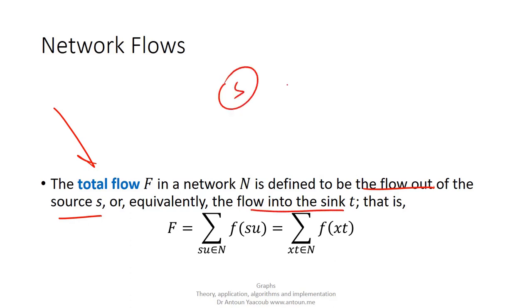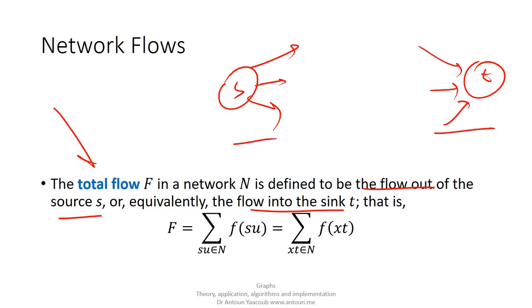So this is the source and this is the sink. The flow that comes out of the source should be equal to the flow that comes into the sink, and obviously we need to maximize F.